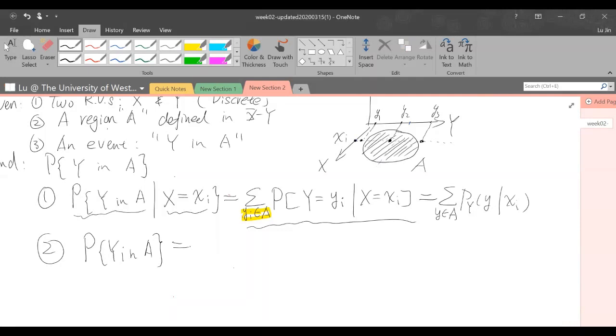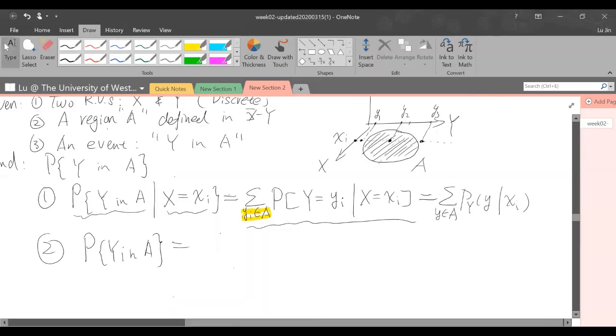So this probability that y in A is equal to our conditional one, multiplied by the probability that x equals xi.